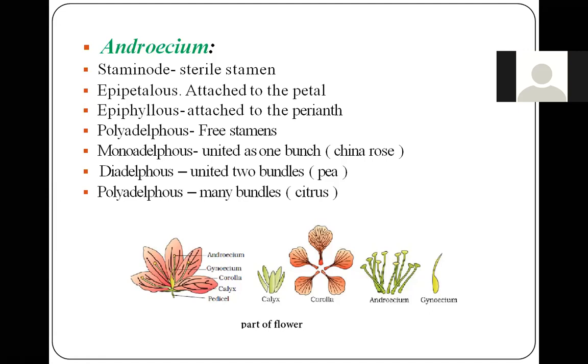They are not attached to any of the regions, that is petals, sepals, calyx or corolla, but they have their direct attachment to the receptacle or the thalamus region. For this reason, that region is neither said to be a petal region nor a sepal region, so it is said to be the perianth region, right?